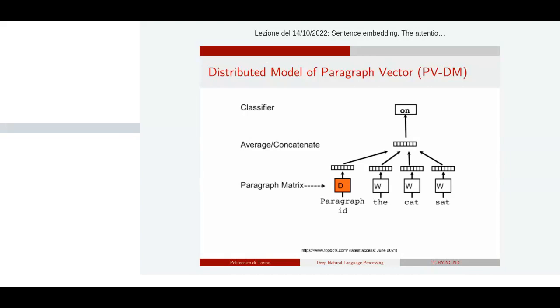You miss, of course, as in word2vec, all the information about the words outside. But if this piece of text belongs to a longer paragraph, and there are some other words here, then in the training phase you will also consider samples generated by multiple slices over that paragraph, which have the same paragraph ID. So they have the paragraph ID in common.